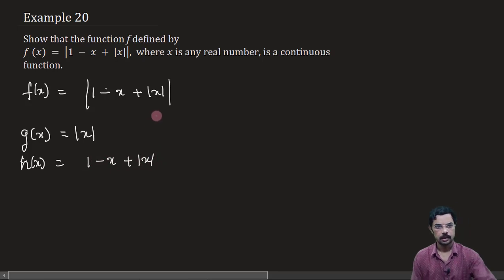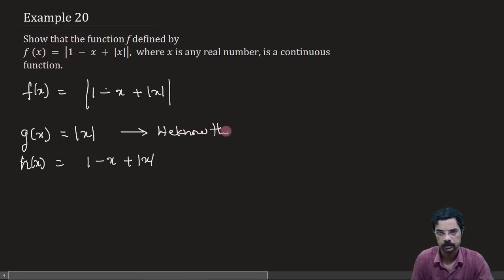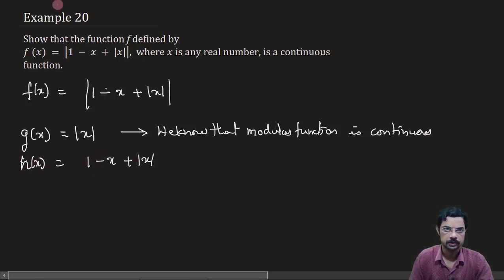Now clearly, we know that the modulus function is continuous. What about h of x? When you look at h of x, we can see that it is formed of two functions.